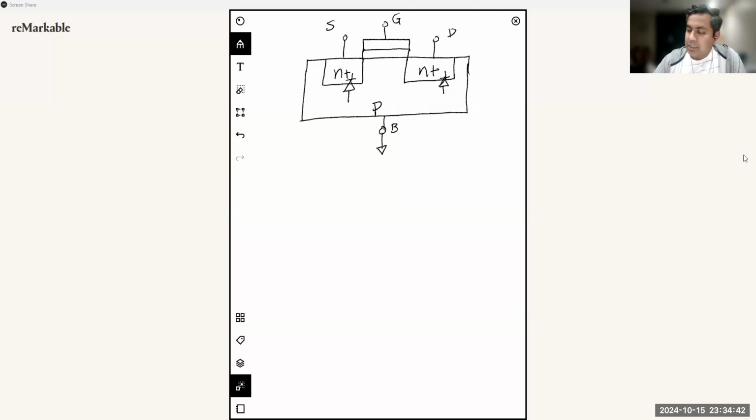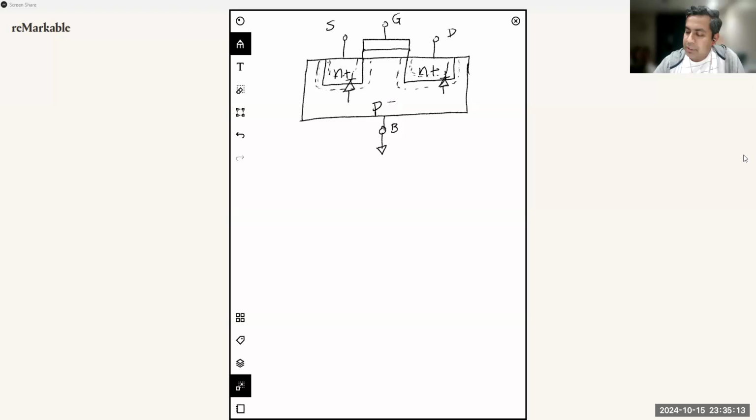Once these two PN junction regions are reverse biased, we can assume that there is a depletion region that forms along the junction of the P-type and N-type regions. And we already have seen this phenomenon in the diode operation. It's similar to how a PN junction diode in the reverse bias zone has a wide depletion region forming around it.